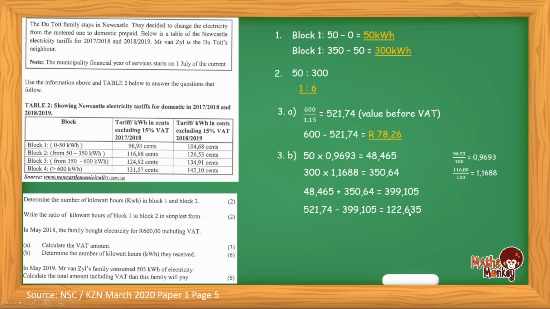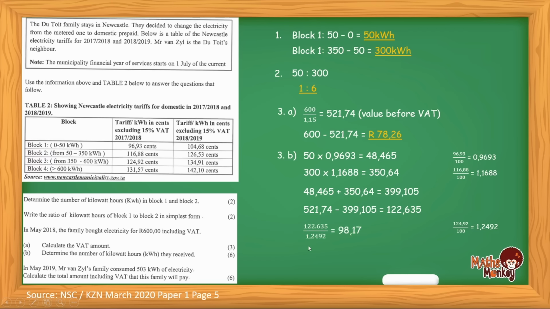Now I need to figure out, if I paid this in block 3, how many units was that? Again, I'm going to take the third block's cents value and convert it to rands.